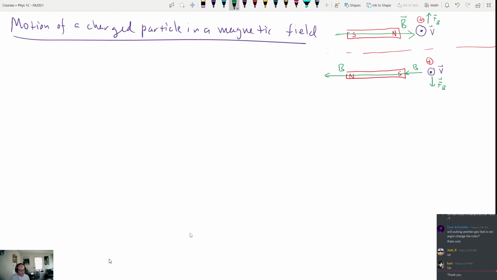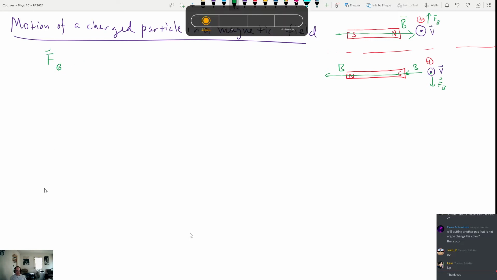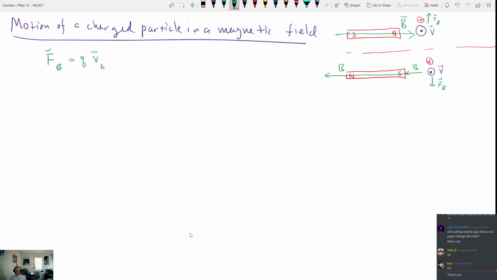Okay, we're going to be talking about the motion of a charged particle in a uniform magnetic field. And one thing I want to note about the equation before we get into this derivation: magnetic force is equal to q V cross B, right?